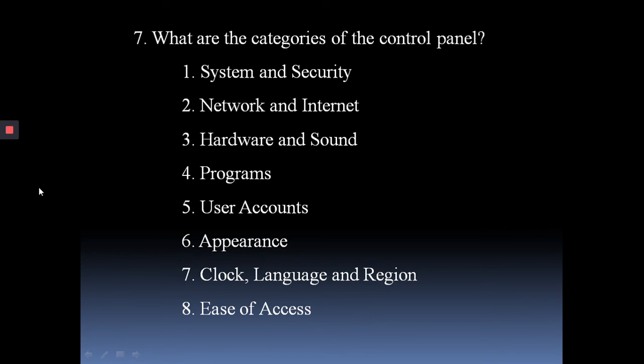And the last question is, what are the categories available in the control panel? Categories of control panel. The first one is system and security, second is network and internet. The third one is hardware and sound. Fourth one is programs. The fifth one is user accounts, the sixth one is appearance, the seventh one is clock, language, and region, and the eighth one is ease of access.